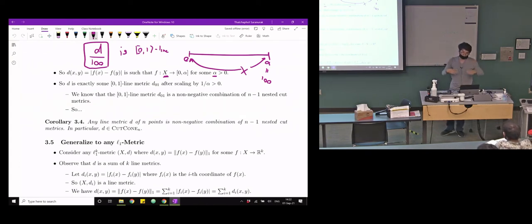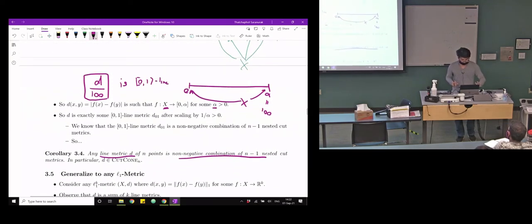If D over 100 is a non-negative combination of cut metrics, then D itself will be a non-negative combination too. So any line metric D is a non-negative combination of n minus 1 nested cut metrics. Now we have generalized to line metrics.